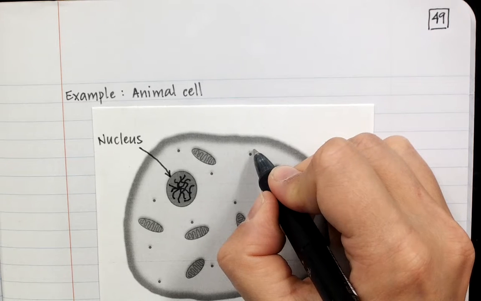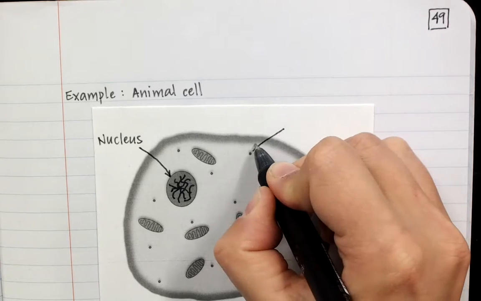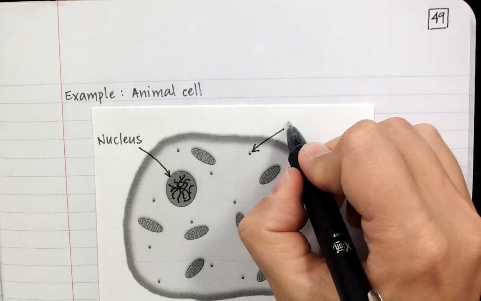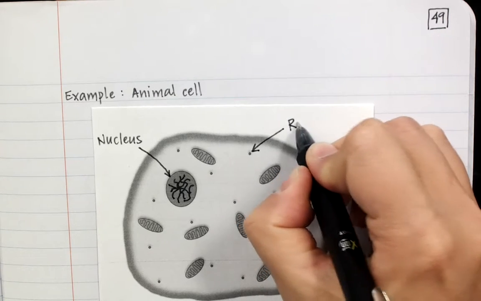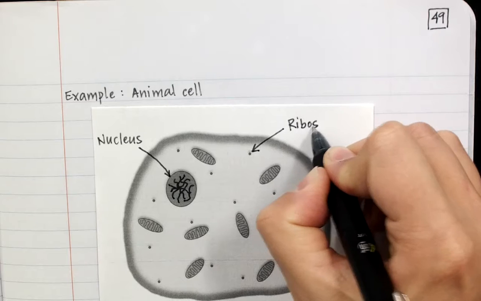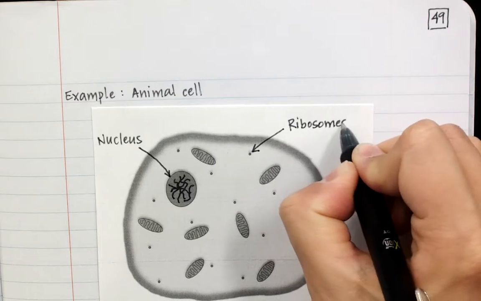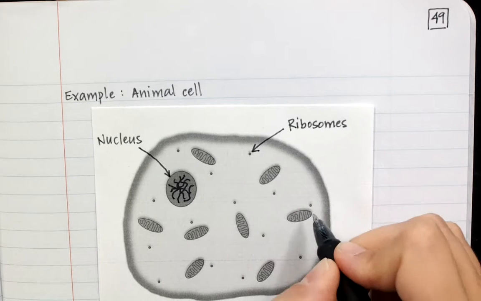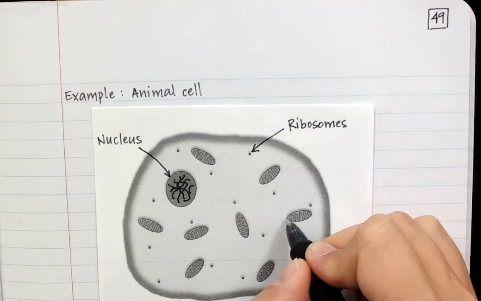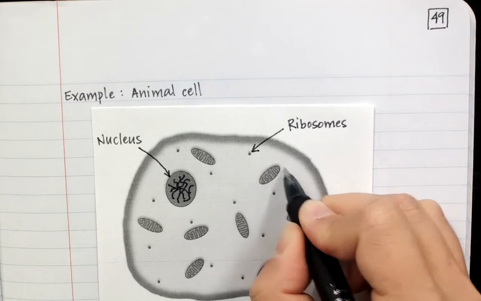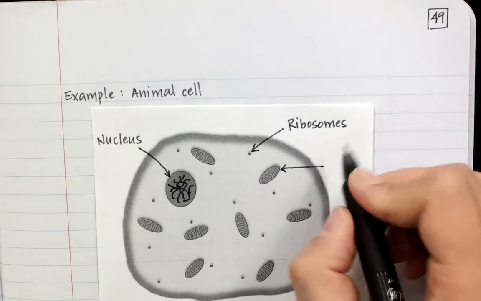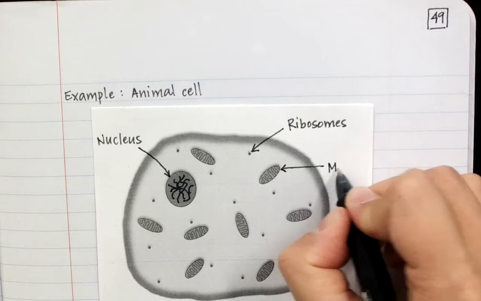All right, what are these dot things? They are ribosomes. And then we have this weird, squiggly, lined thing. And that is the mitochondria.